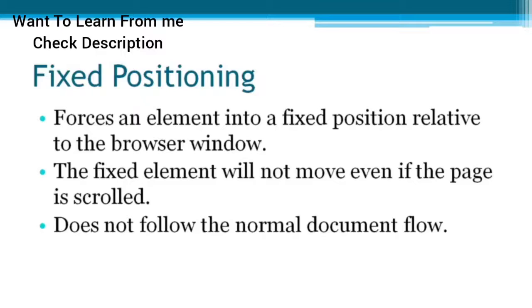So if an element was supposed to be placed at 10 pixels as per the normal document flow, while in the fixed positioning it was specified to be placed at 20 pixels, it will place itself at the 20 pixel position only. It will not follow that normal document flow.